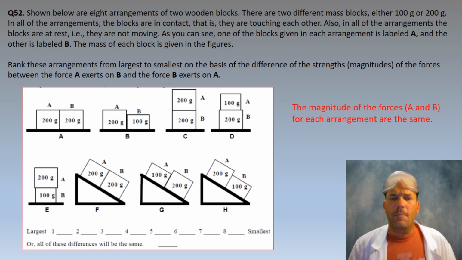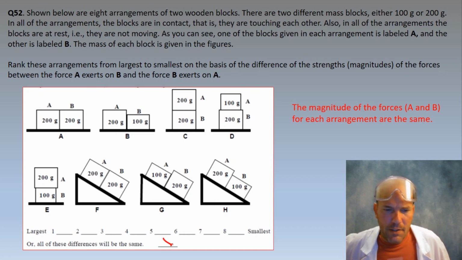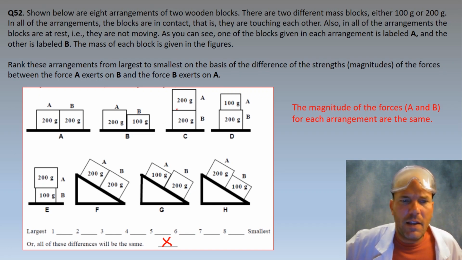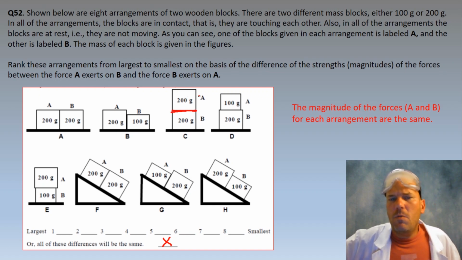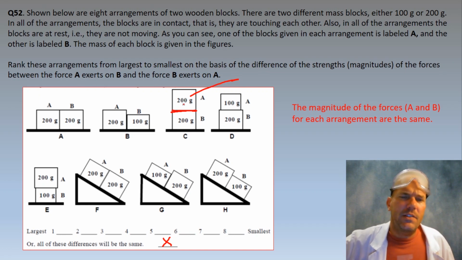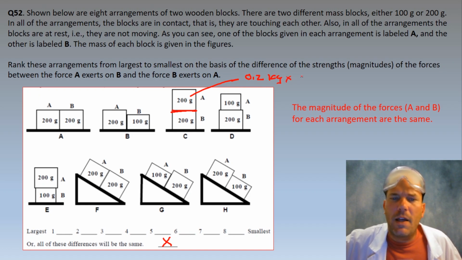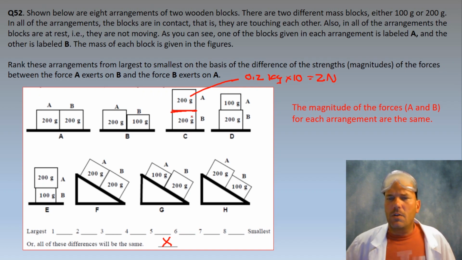Within a given pair, the magnitudes will all be the same. Okay, looking at this here, there's a contact force here, there's a force here. Well, what would this force be? That's what I'm saying. Some of them we could calculate, all right? So we'd say 0.2 kilograms multiplied by 10 equals 2 newtons, okay?